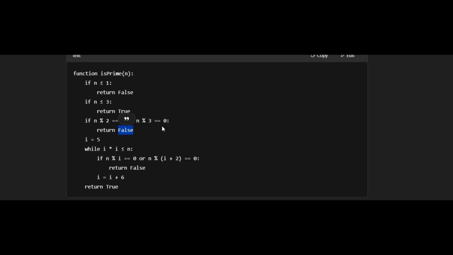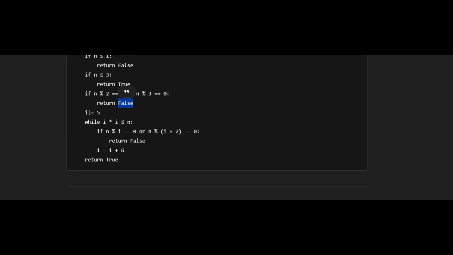If n mod 2 equals 0 or n mod 3 equals 0, this mod operator tells us that if it's completely divisible by 2 or 3, then it's not prime, return false. Then we start our counter i at 5 and check up to the square root.